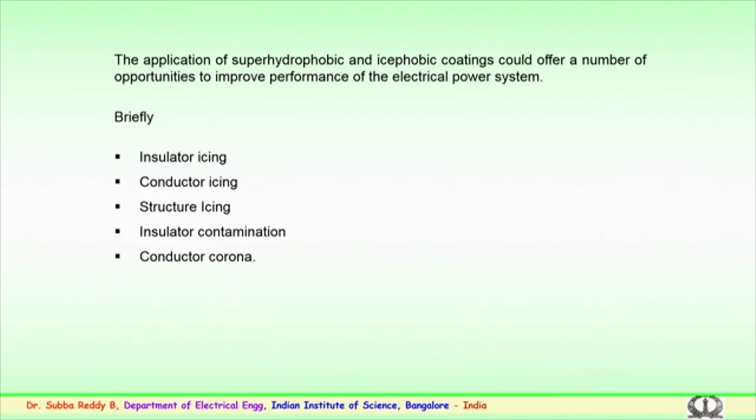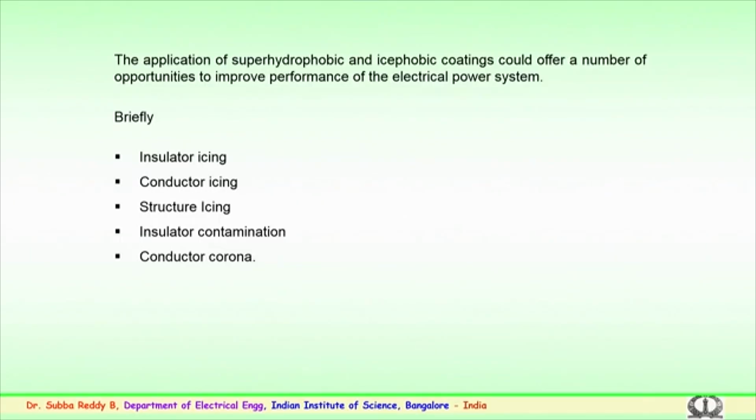So, briefly, the issues are classified as insulator icing, because we are looking into the conditions of winter. In the majority of cold countries, insulator icing is the critical issue. Again, conductor icing settles on the conductor surface, adding conductor loads, and this is also an issue.